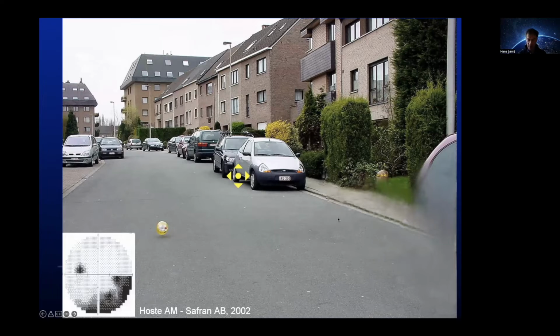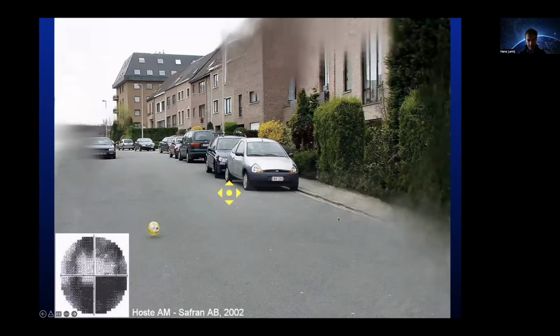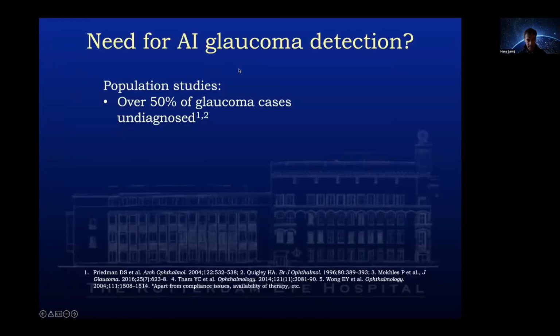So the patient doesn't experience a black blob, but the brain fills in the gaps. And with more advanced disease, you get some fuzzy edges of the visual field because the brain no longer has enough information to fill in the gaps. That's what we think.